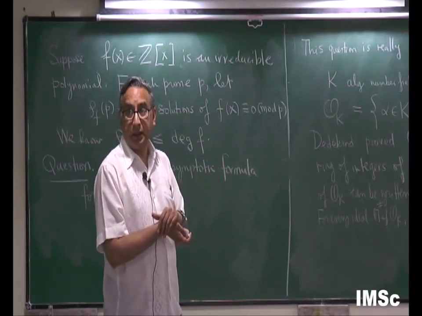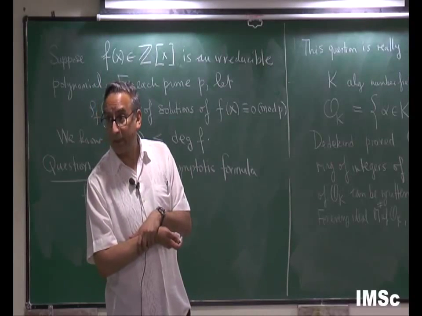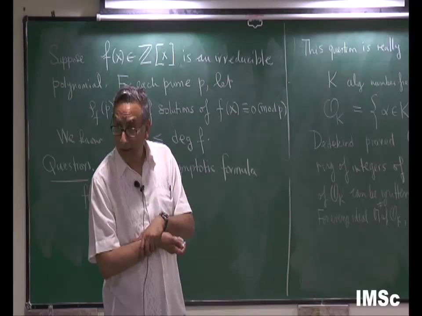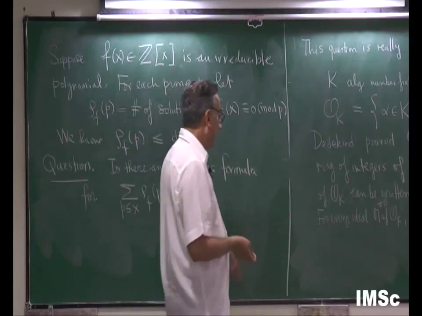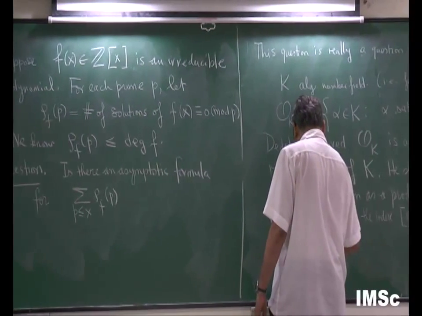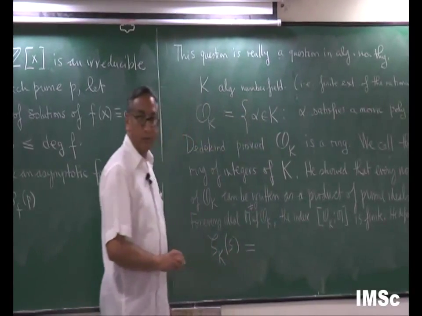And he shows that the norm is a multiplicative function on ideals. That is, the norm of A times B is equal to the norm of A times the norm of B. Therefore, he defines the Dirichlet zeta function. Well, he didn't call it that; we do now. We call it the zeta function of the number field.